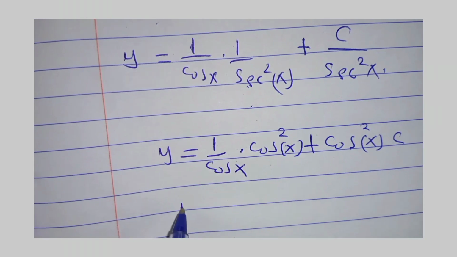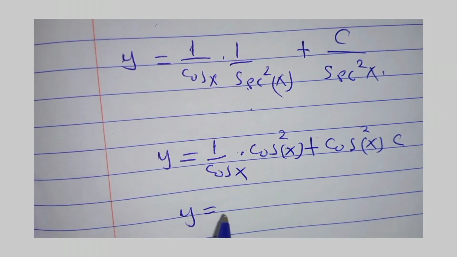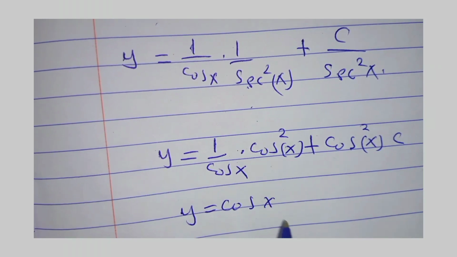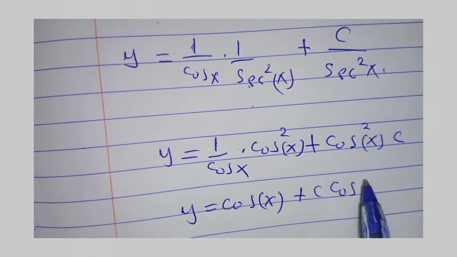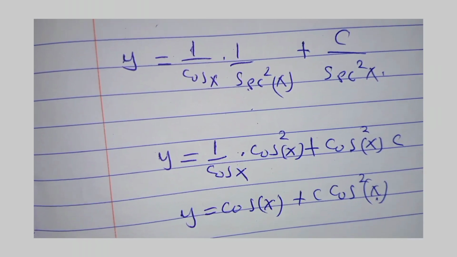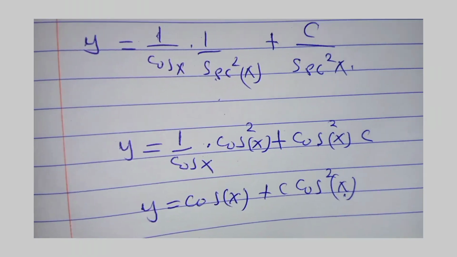Finally, y is equal to, one of the cos will cancel, cos of x plus c cos squared of x. So that is our result in those simple step method.